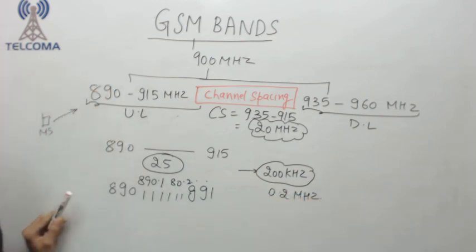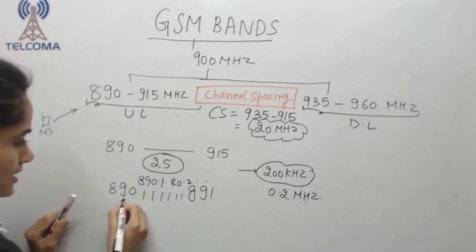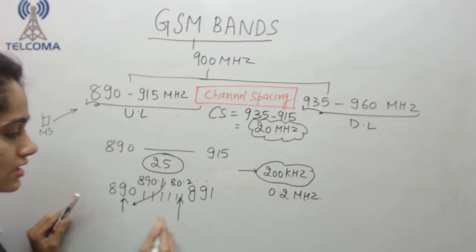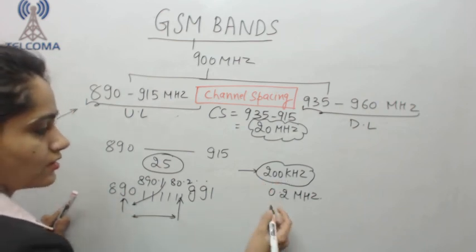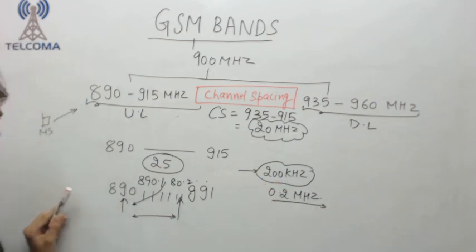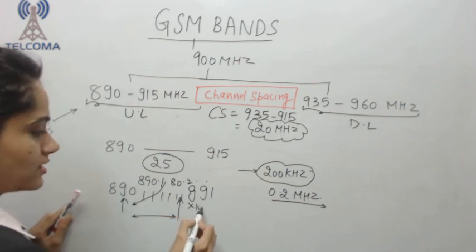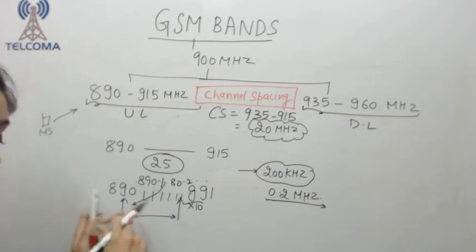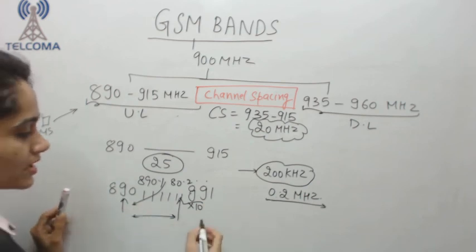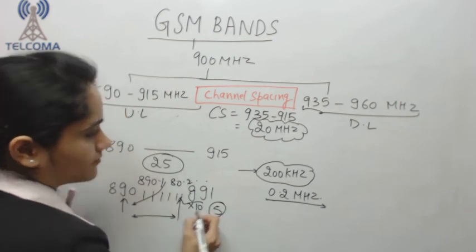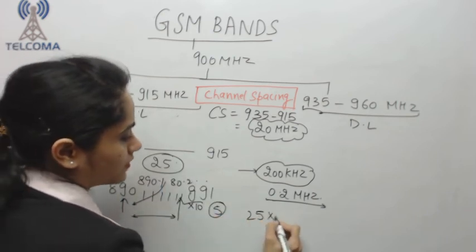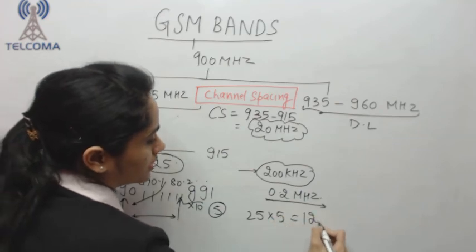So if we use 890, we have to leave 890.1 and use 890.2, because we need a gap of 200 kilohertz. That means we have 10 divisions, but we neglect some because we need to provide space to avoid the interference problem, so we are left with only 5. Multiplying 25 with 5, we have 125.